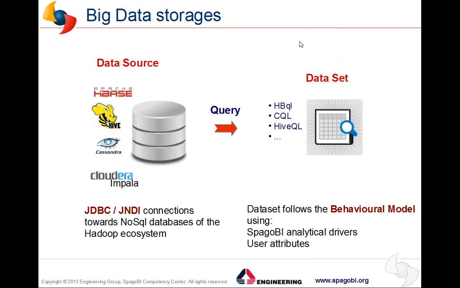So regarding the first scenario, the big data storages, here we have a slide that summarizes the information about the dataset towards this kind of data sources. Here you see that the dataset is mainly a query, an interrogation over this kind of data sources, which nowadays are HBase, which is the column family NoSQL database of Hadoop, and then we have Cassandra, which is another column family NoSQL database of the Apache group.